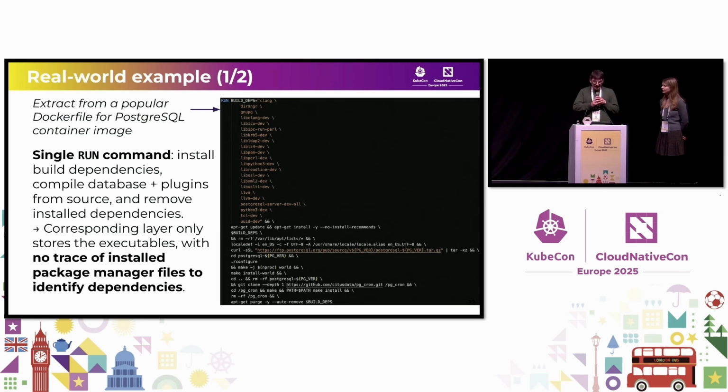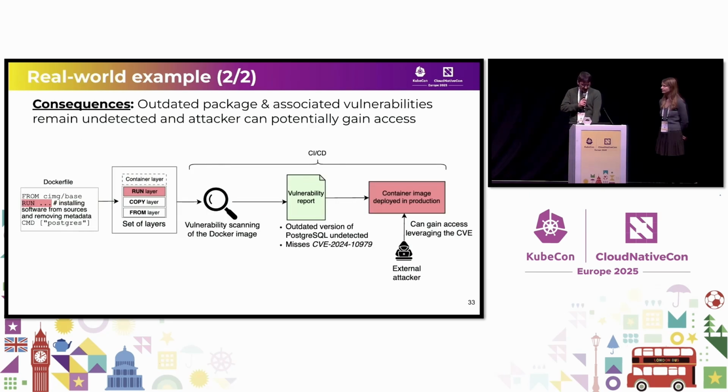So how can an attacker leverage this? Well, basically, the attacker will just wait for somebody to create this container or will just download the container, and then will exploit known vulnerabilities on this image, and one of them is CVE-2024-10979, which allows an unauthenticated or unprivileged attack on the PostgreSQL container.